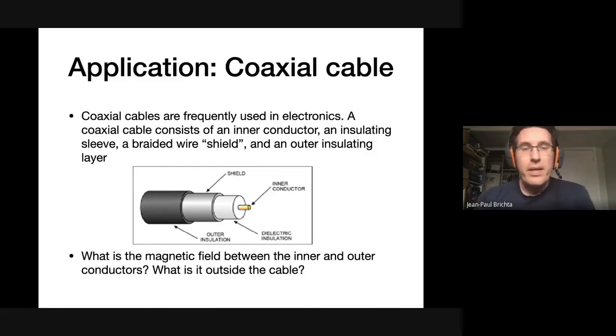One of the reasons why you use coaxial cables is because it has a really nice property in terms of the magnetic field. After all, I had many of these cables coming out of a device, and so they would be quite close to each other.